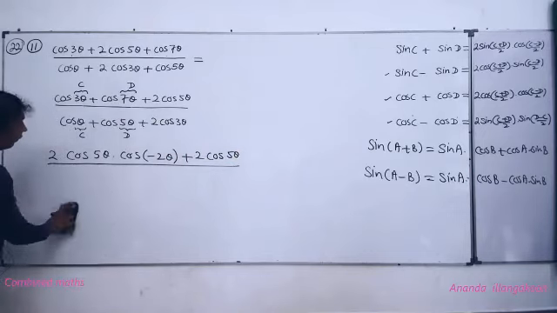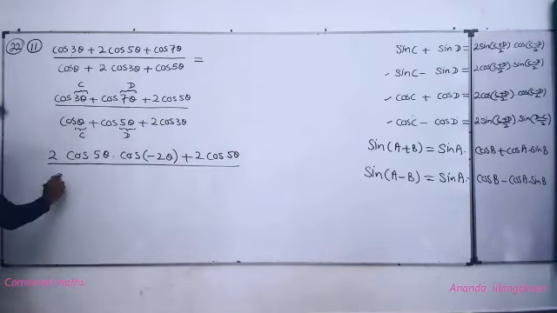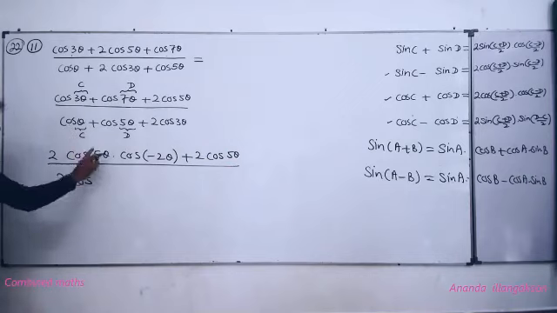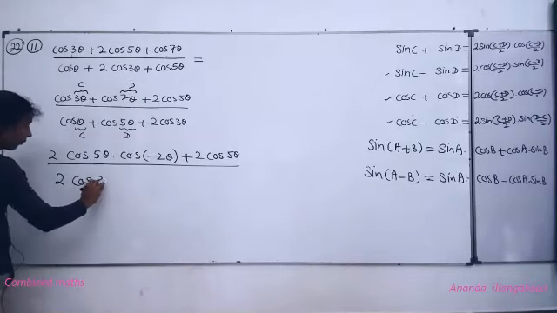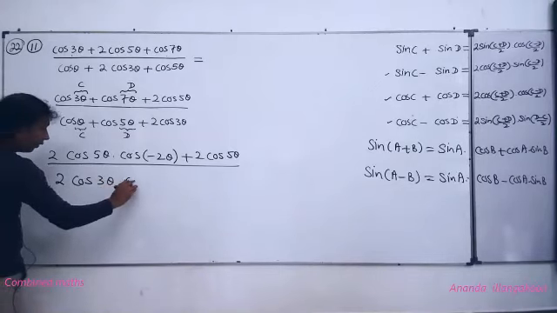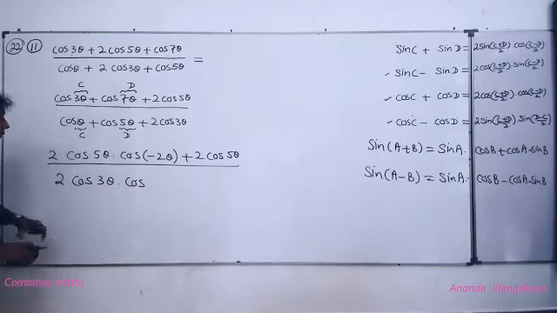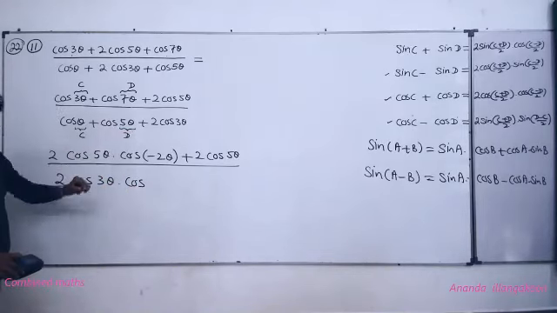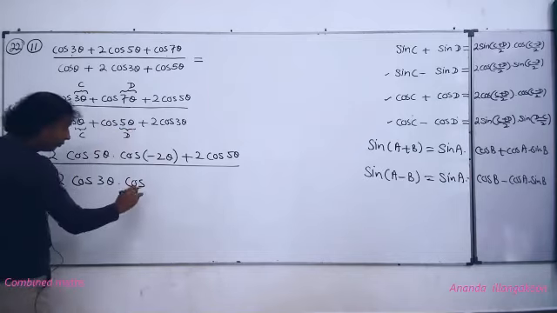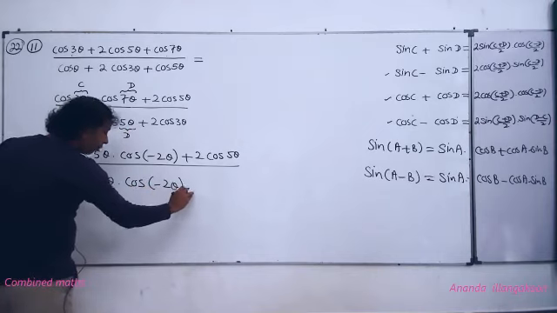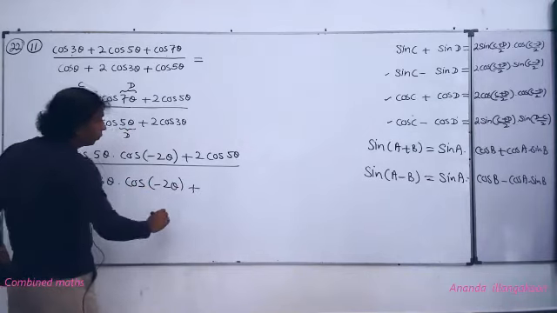Right. And here 2 cos at this and this. Theta plus 5 theta, 6 theta by 2, 3 theta. And cos C minus D, theta minus 5 theta, minus 4 theta divided by 2, minus 2 theta, plus 2 cos 3 theta.